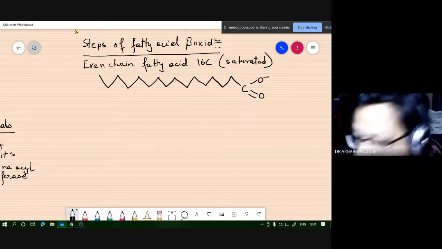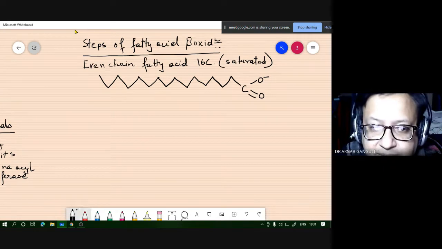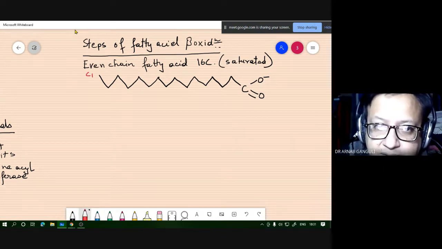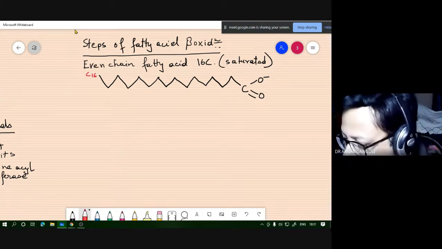So we have drawn a C16, 16 carbon fatty acid, palmitic acid.